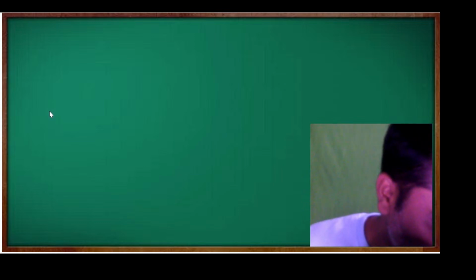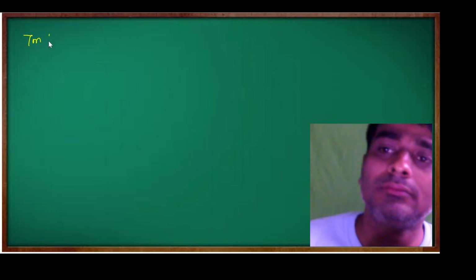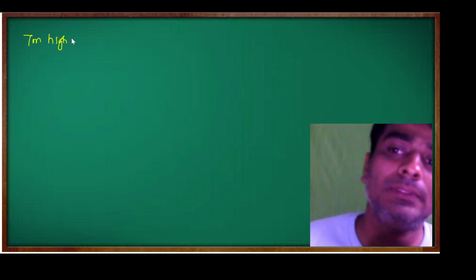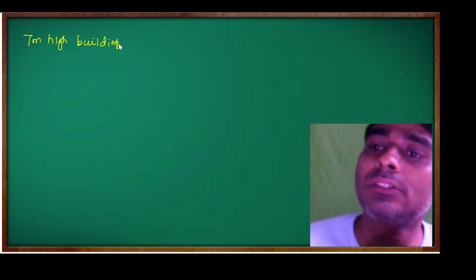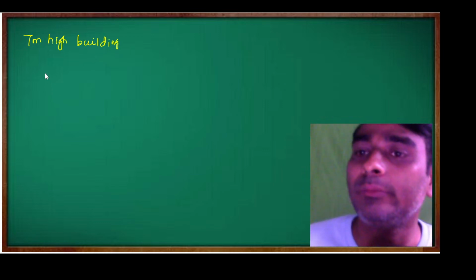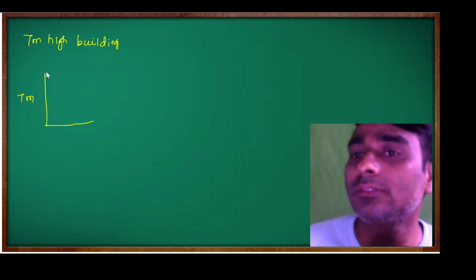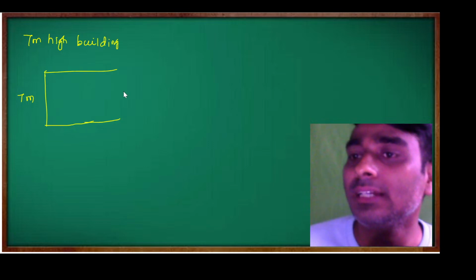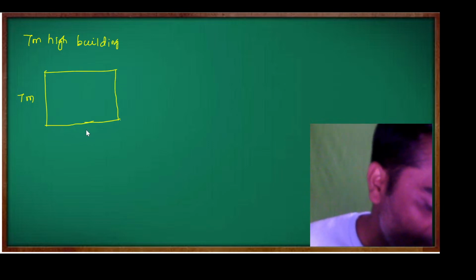One more question. From the top of a 7-meter high building, draw a building which is 7-meter high. Say for example this is my building. So finish this building, it will look like this.